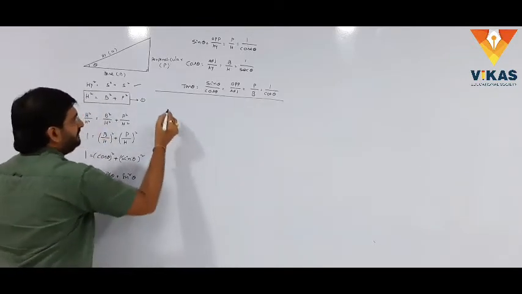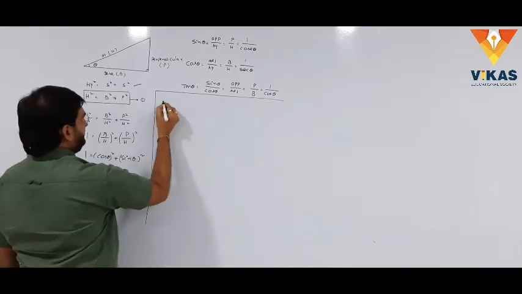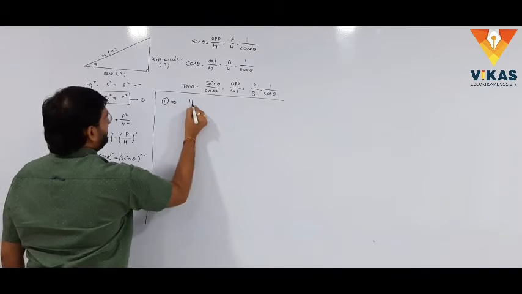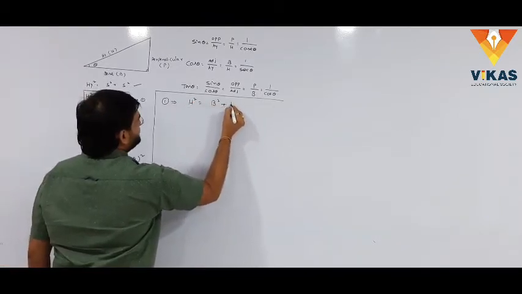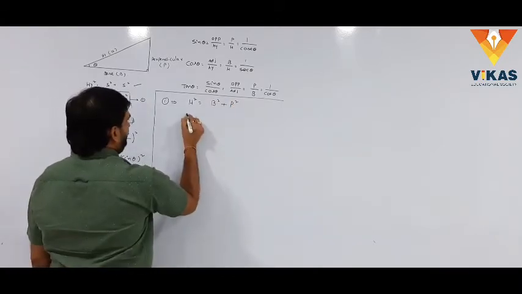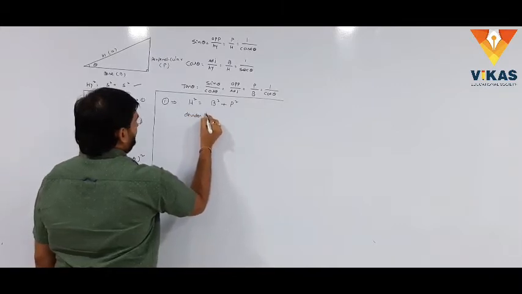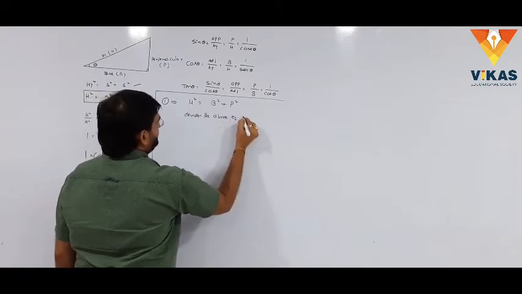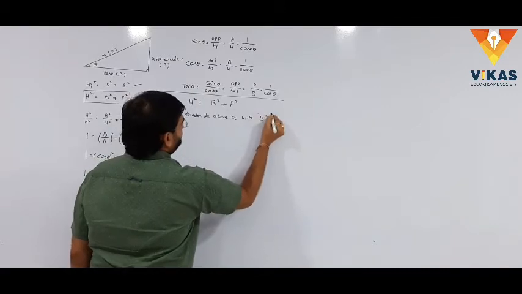we take the first equation. Therefore equation 1 implies, what is the formula? H square equal to b square plus p square.